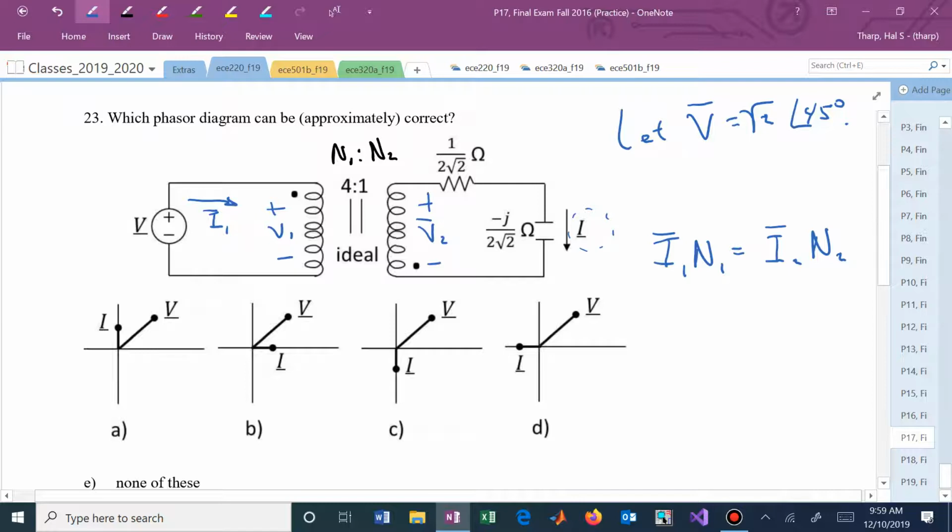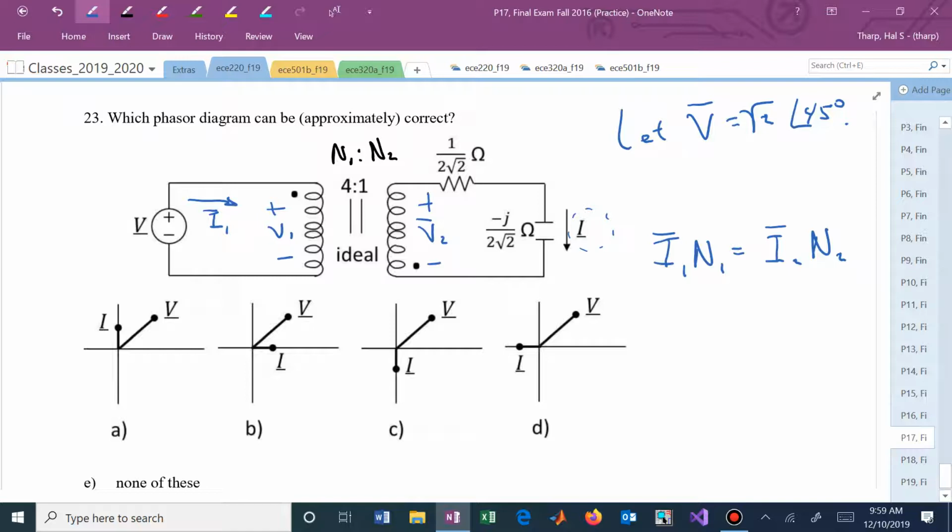Is it positive or negative? And how do we determine the sign? If one is going the opposite of the other, if one is entering and one is exiting, we have a positive sign. What do we have here?